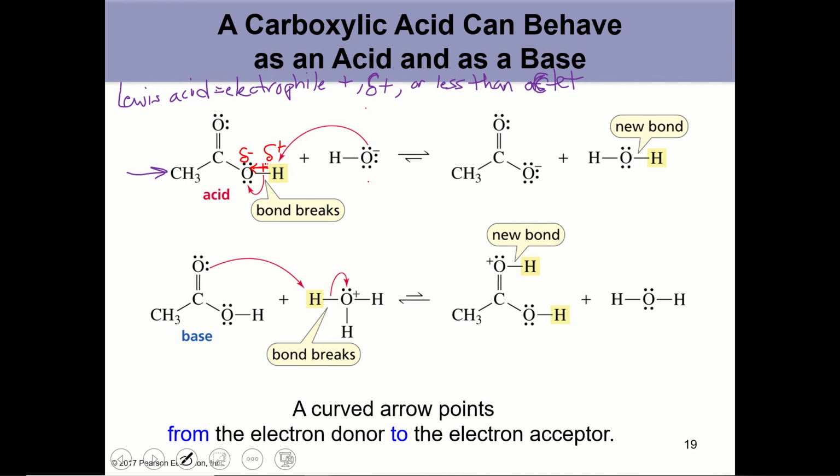And then for the Lewis base, this is a nucleophile.